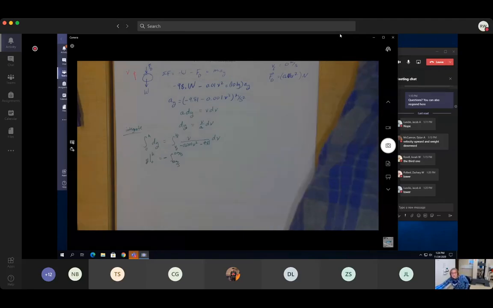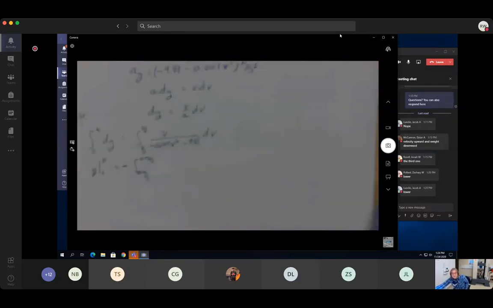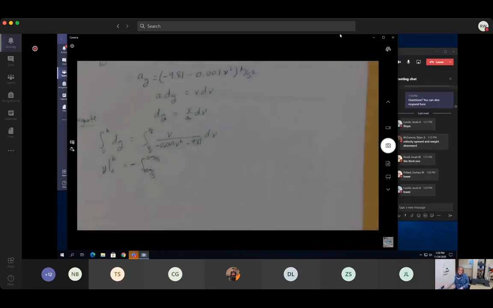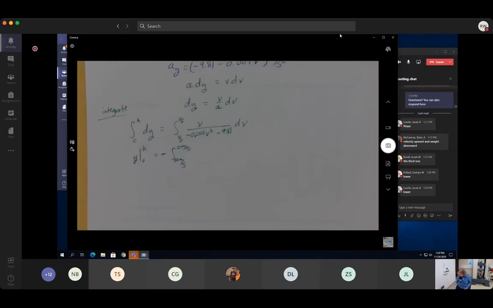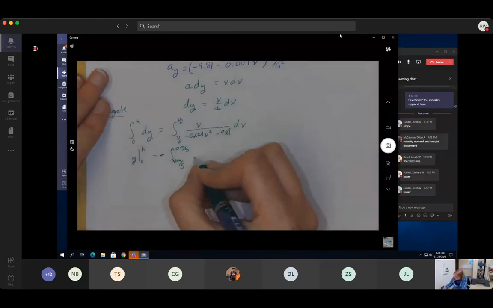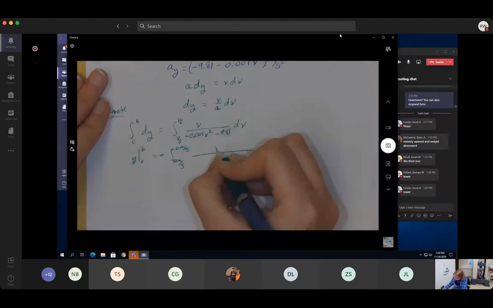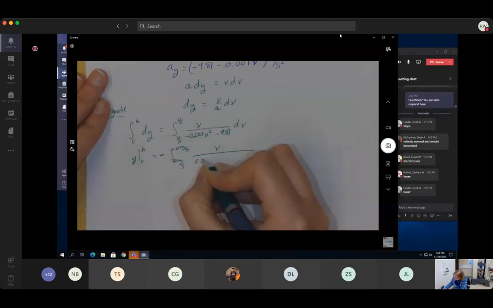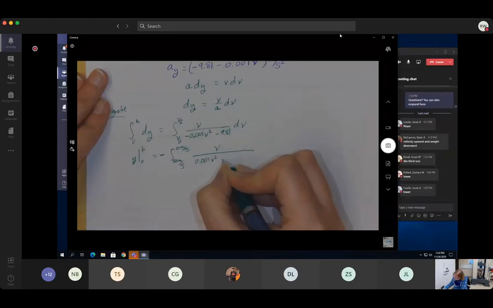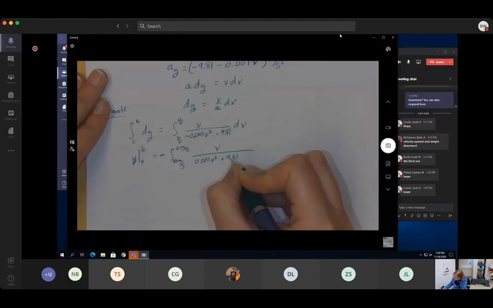Zoom in a little here. Okay, and so then what we've got on the inside is v over 0.001 v squared plus 9.81.